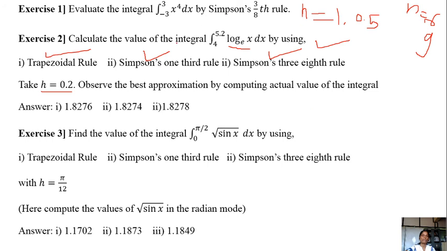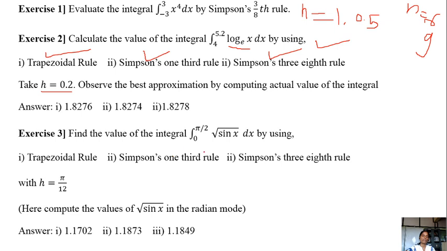Again you have to decide which approximation is the best approximation. The approximation which gives you the least error will be the best approximation. So you should decide which is the best approximation. It depends on the error.